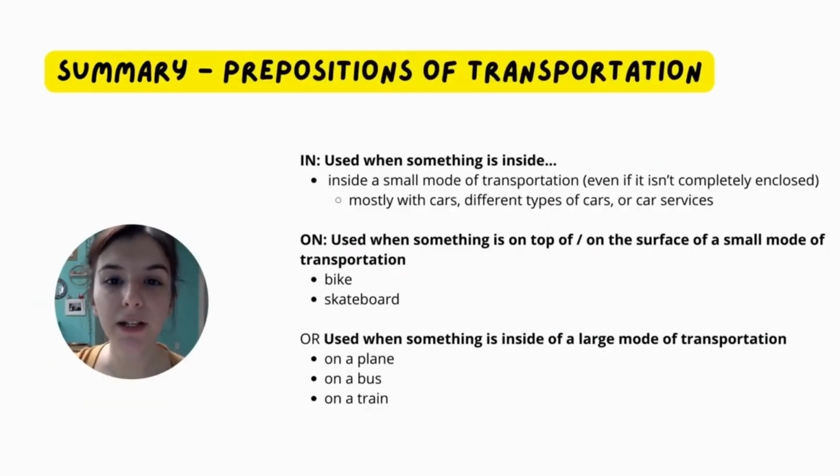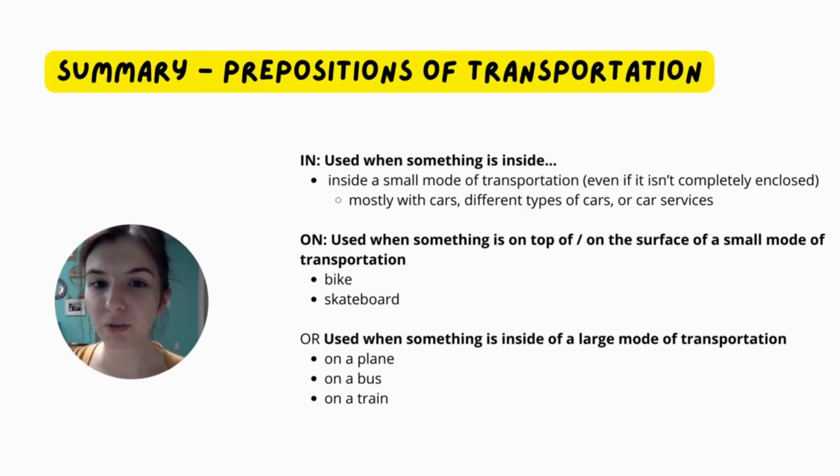Okay, let's just quickly summarize the two prepositions of transportation. So the first one is in, which is mostly used when we're talking about something that is inside a small mode of transportation, even if it is not completely enclosed. This is mostly used with cars, different types of cars, and even car services such as taxis or Ubers. And on.